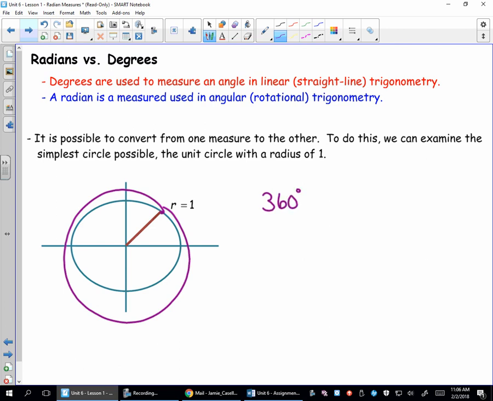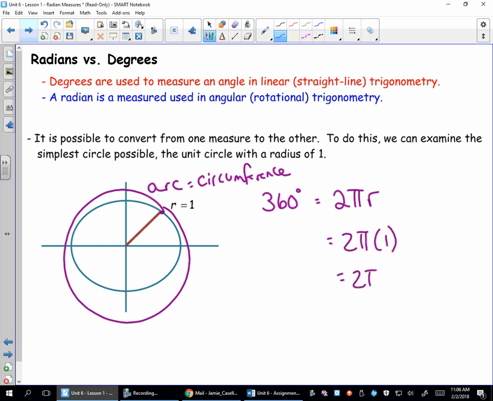The arc length, when I go all the way around, is actually known as our circumference. So when I measure my arc length, I could think of this as my circumference, which has a measurement of 2 pi r. But for a very simple circle, r is 1.